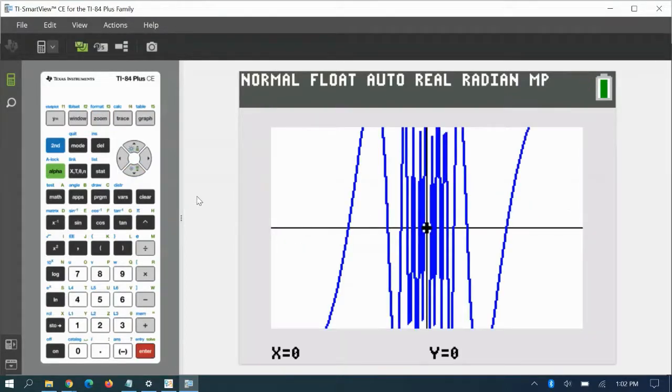The more that I zoom in on x equals 0, the more you're going to see this graph is actually oscillating up and down, back and forth across the x-axis. The closer I get to 0, the more oscillations I have back and forth across that x-axis.